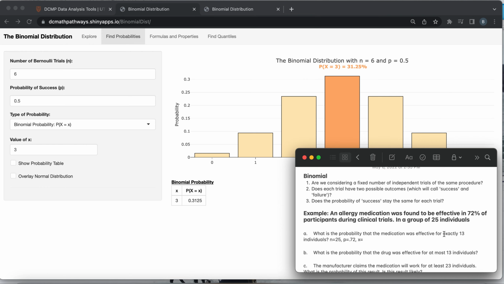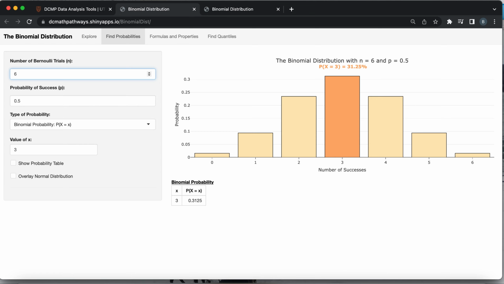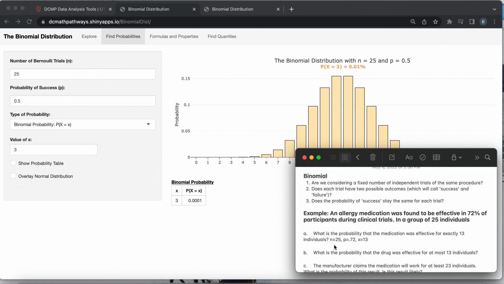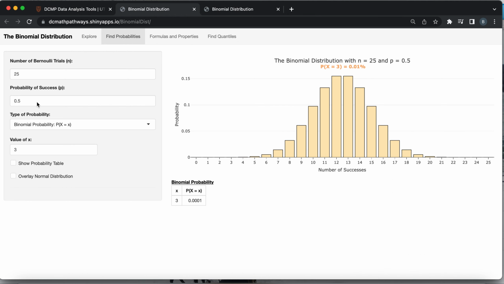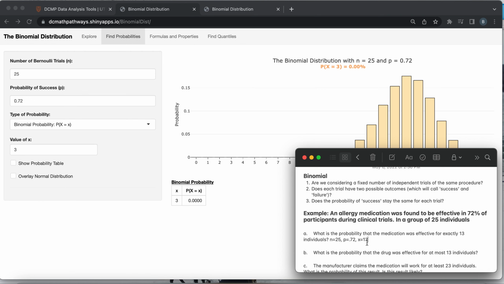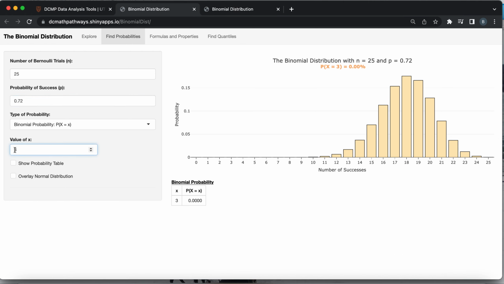And this one says exactly 13. Whenever we say exactly, that means equals, and then we have 13. So we can go ahead and put these in, 25 for our trials, and then 0.72 for p. And then our x was equals, so we'll keep that as equals, and 13.